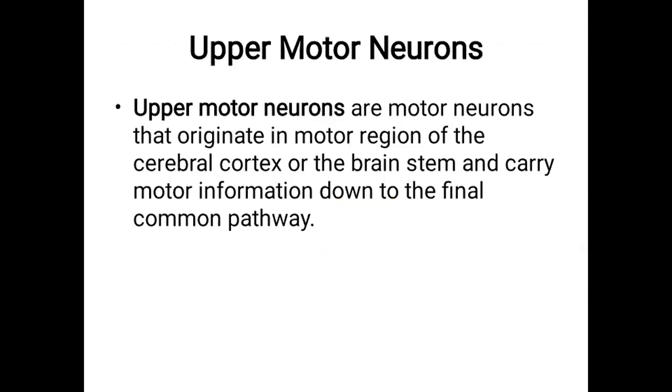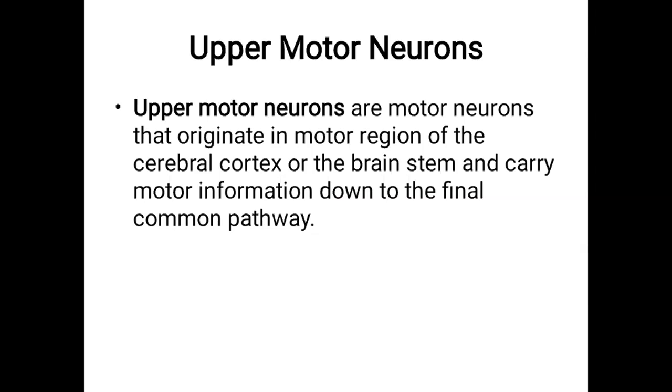So what is an upper motor neuron? What is a lower motor neuron? They are important from the exam point of view also, because the lesion is important. You need to know the difference between upper motor neuron palsy and lower motor neuron palsy. The pyramidal cells and tracts constitute the upper motor neuron, whereas the spinal and cranial motor neurons, which innervate the muscle, constitute the lower motor neuron.